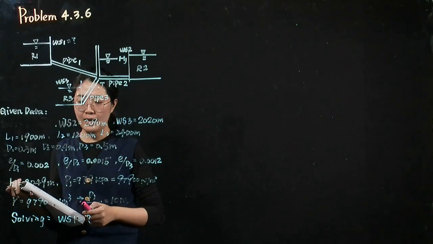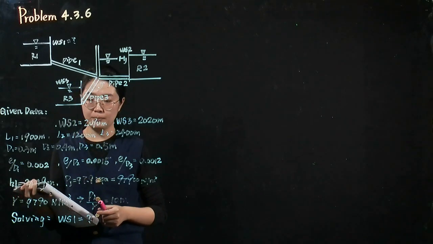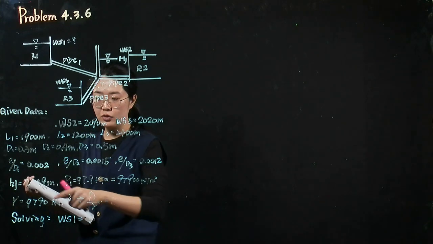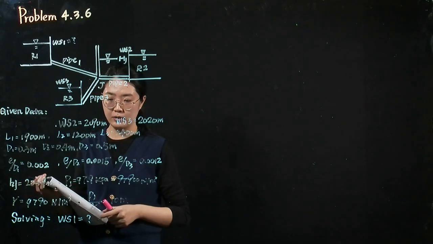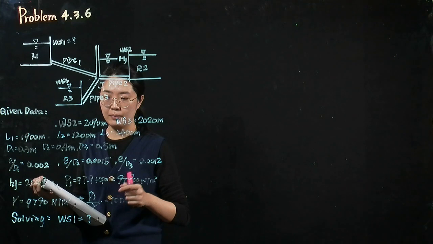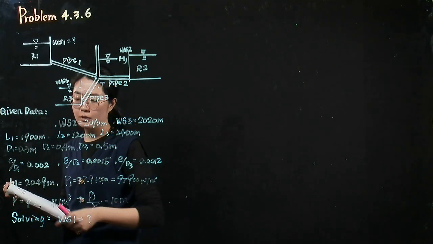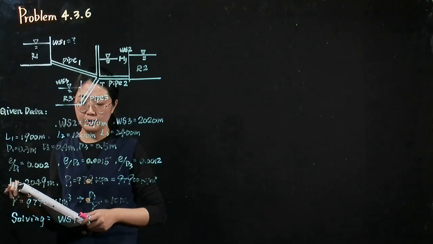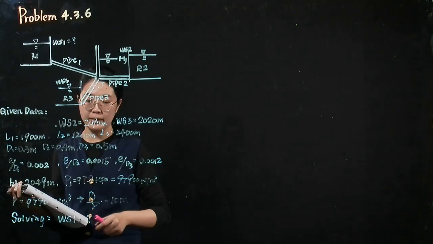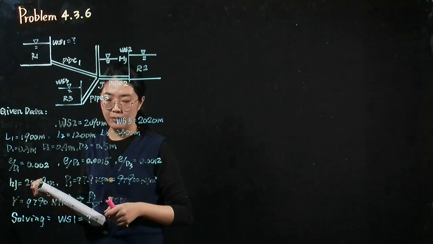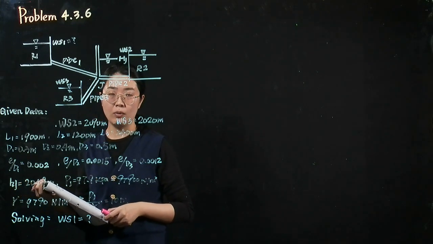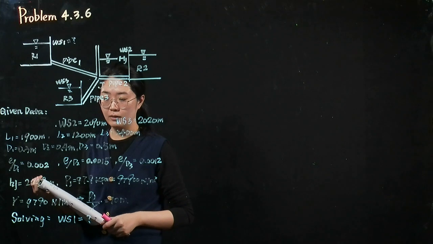And we know the elevation at the joint point J equals to 2,049 meters. And we also know the pressure at this point. And because the specific weight of water we can find in the textbook, we can calculate the pressure head at point J, it equals to 10 meters.